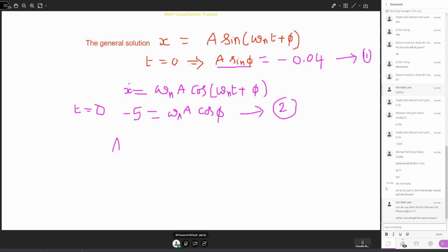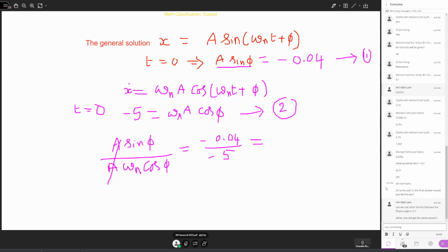So A sin phi over A omega n cos phi. You can cancel A. So you get negative 0.04 over negative 5.